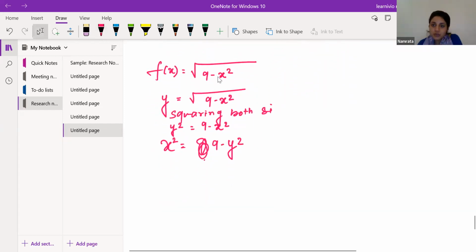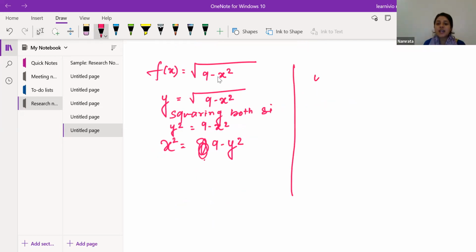What I am trying to do is make x the subject of the equation, or write the equation in terms of y. It is just like when the equation is given as y is equals to 3x plus 2, here I want to find x is equals to something in y plus something like that. Are you getting it? Anyone having confusion?